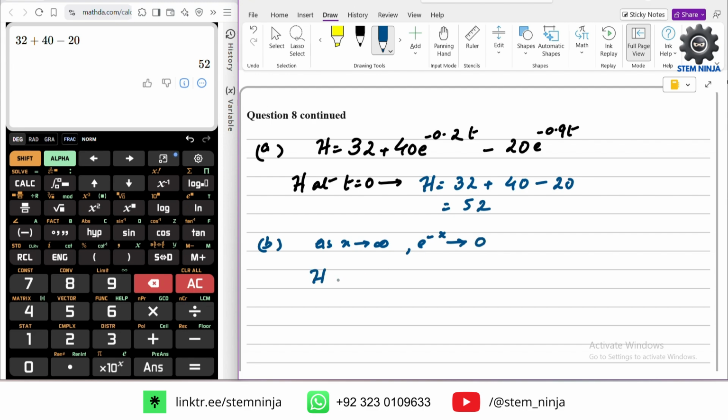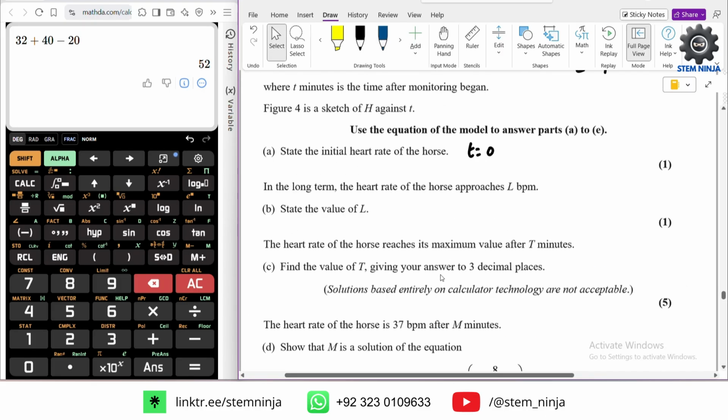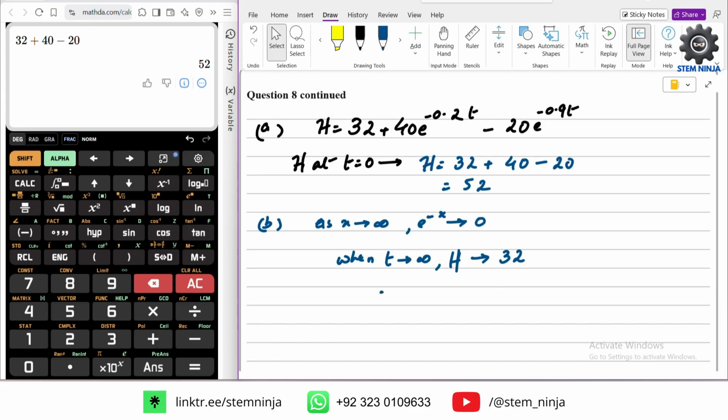So therefore when t approaches infinity, h would approach 32. So L would be 32.